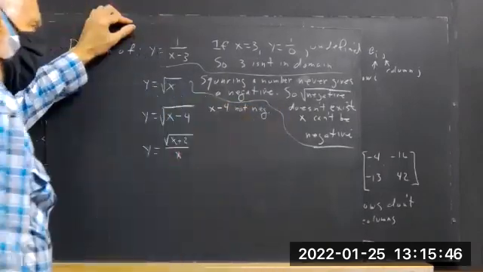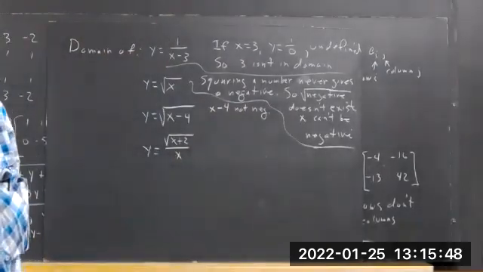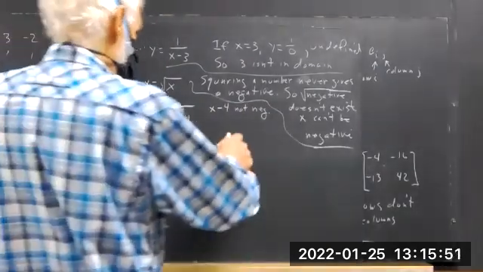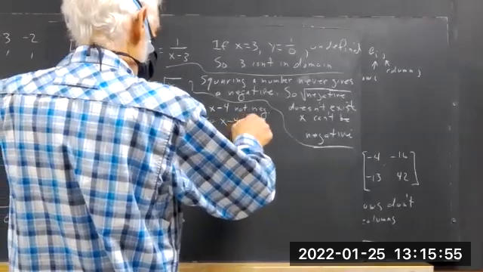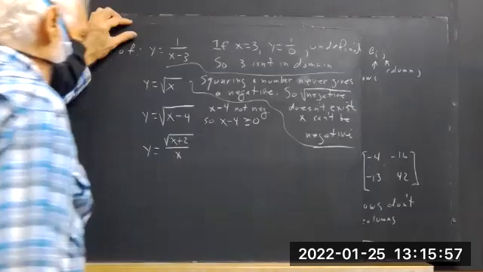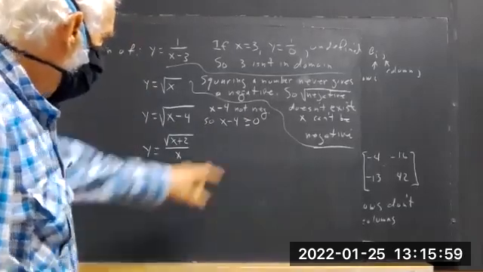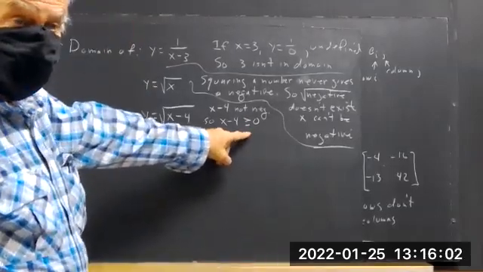So x minus 4 has to not be negative. So x minus 4 has to be greater than or equal to 0.